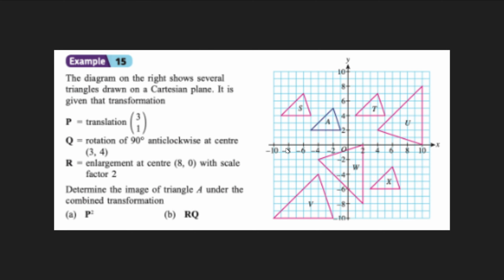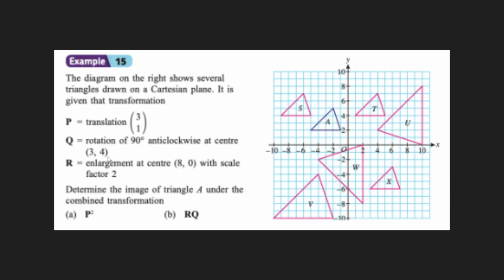And for the second question, RQ. Q is the rotation of 90 degrees anti-clockwise at the center of (3, 4).